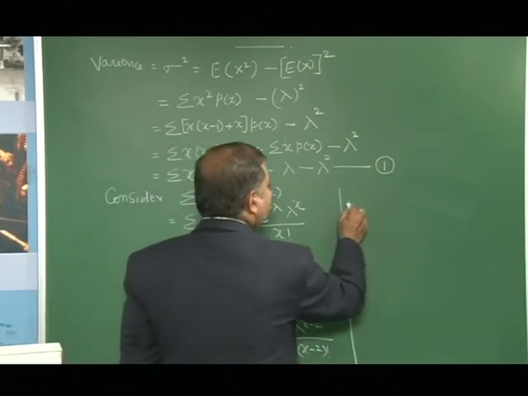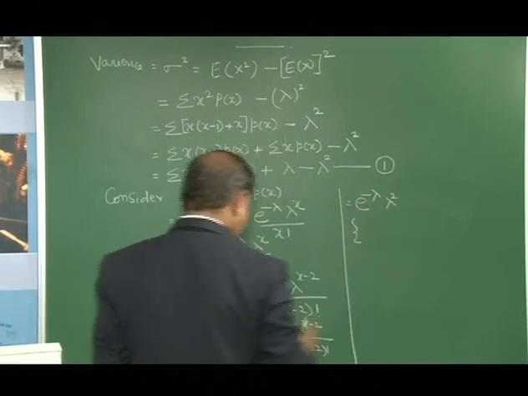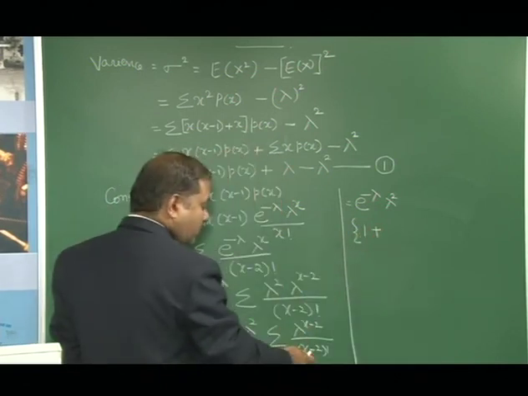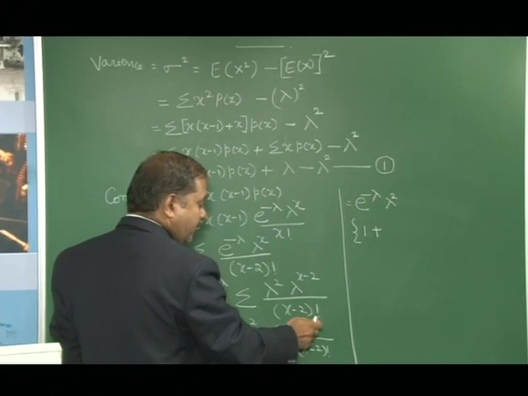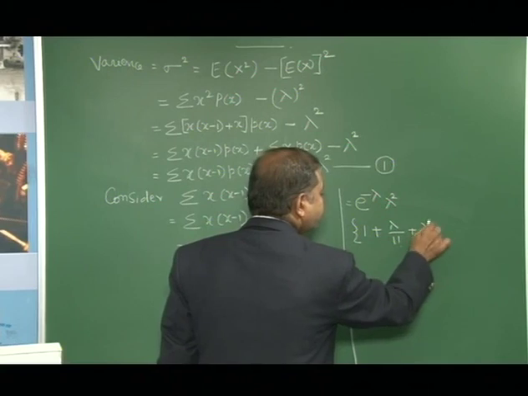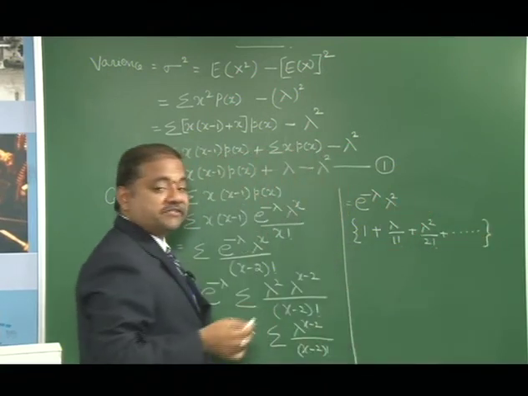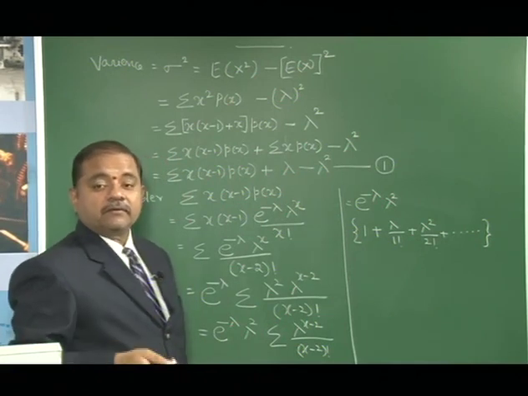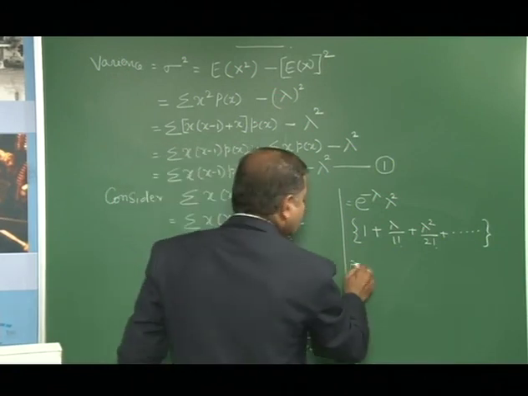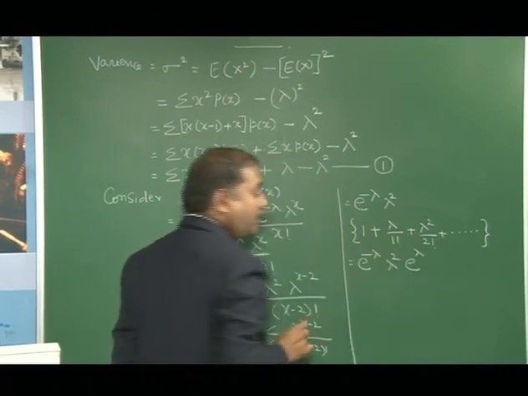Therefore e power minus lambda, lambda square into, at x equal to 2, lambda power 0 by 0 factorial, and so on, again I will get the same series which I got in the mean formula. This is e power lambda, so e power minus lambda, lambda square, again e power lambda.